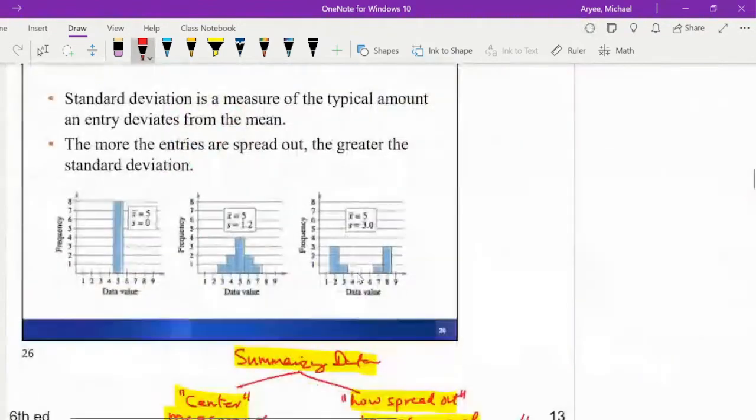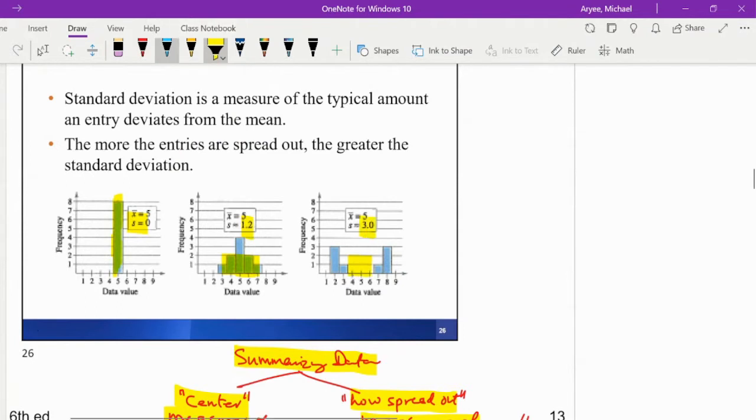Now there's also some graph here I want to point out. So when you look at this diagram, if all the values are the same, 5, then the standard deviation is 0. All right, there is low social distance here and there is high social distance here.